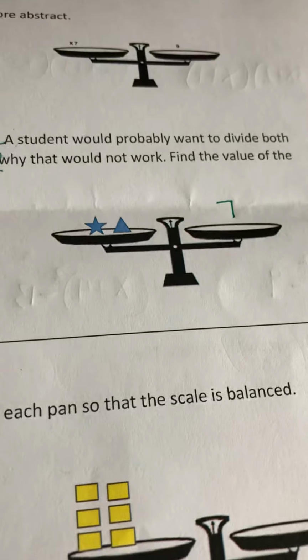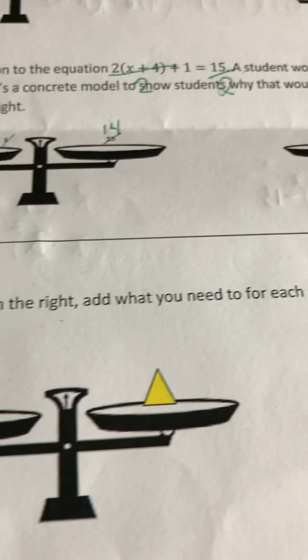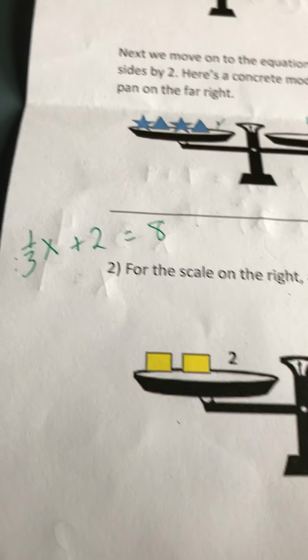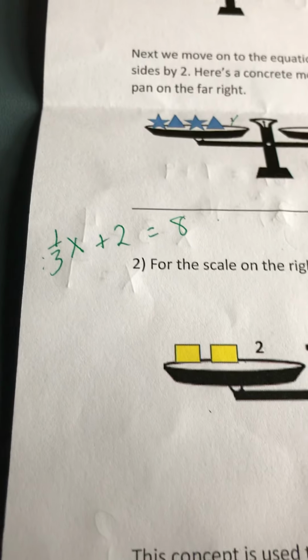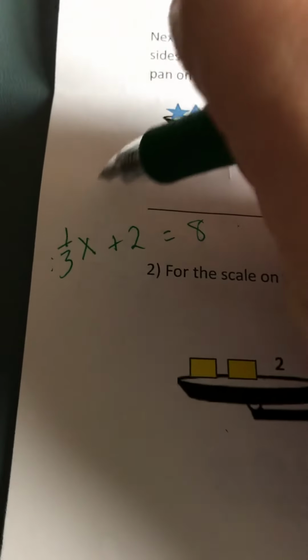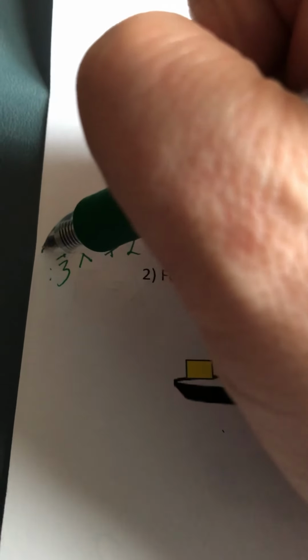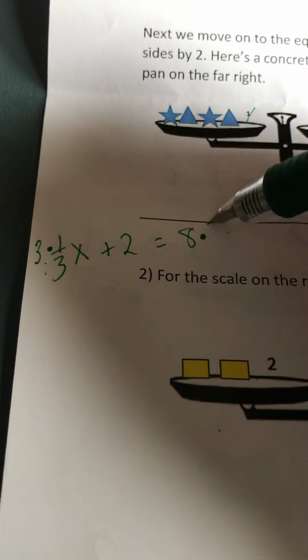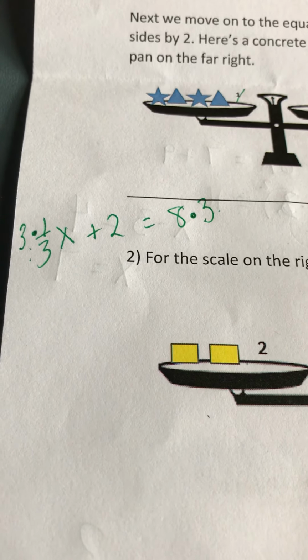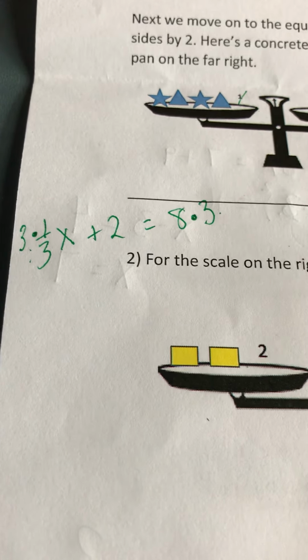Another thing that is such a common mistake that any Algebra 1 teacher will tell you they see over and over is when solving an equation like this, students see the 1/3, they know they multiply by 3, and they go like that, right? And they forget about the 2. So they multiply both sides by 3 like that.